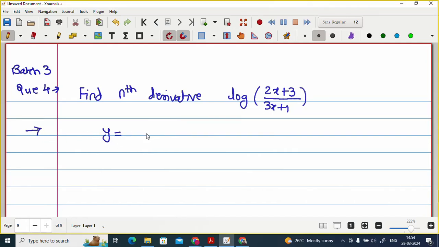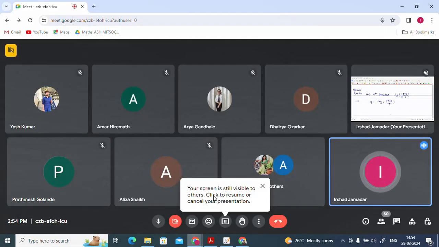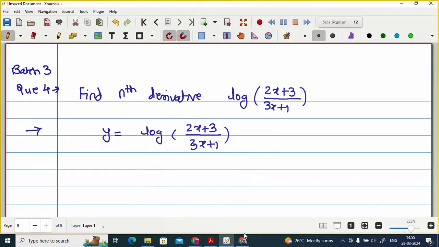So what is y here? 2x plus 3 divided by 3x plus 1. Okay. Now tell me what properties we have for logarithm of a upon b. Log a minus log b.